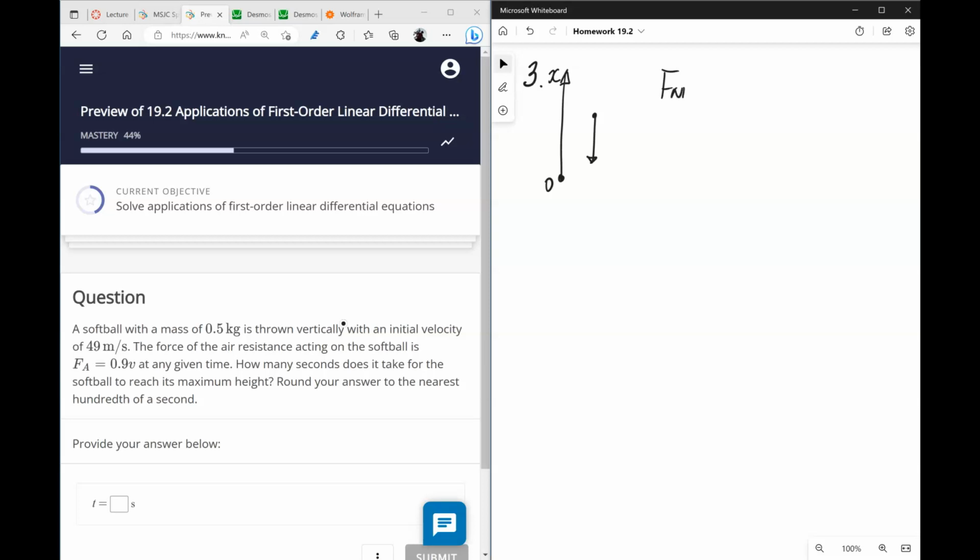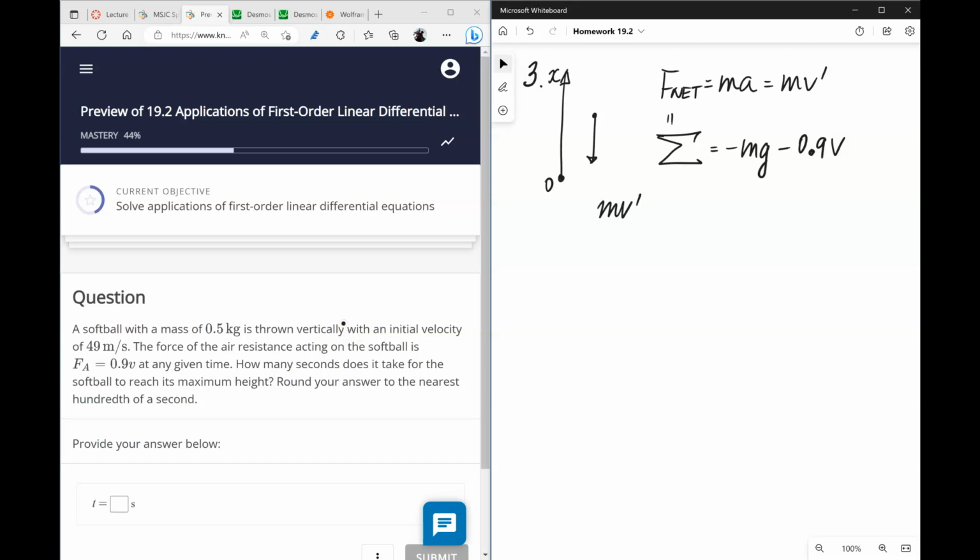The net force is equal to ma, which is mv prime, which is also equal to the sum of all other forces, which are negative mg minus 0.9 V, which is the air resistance force. And here's the equation.